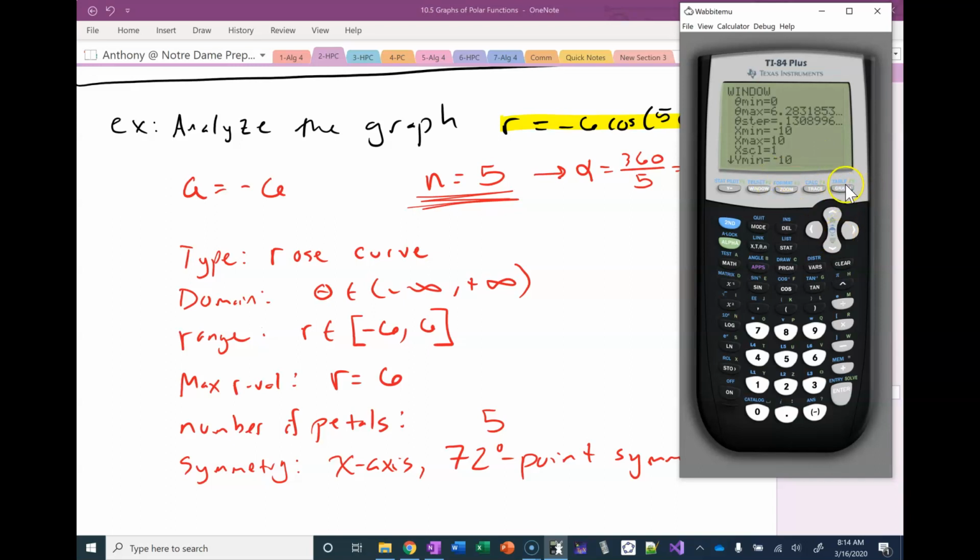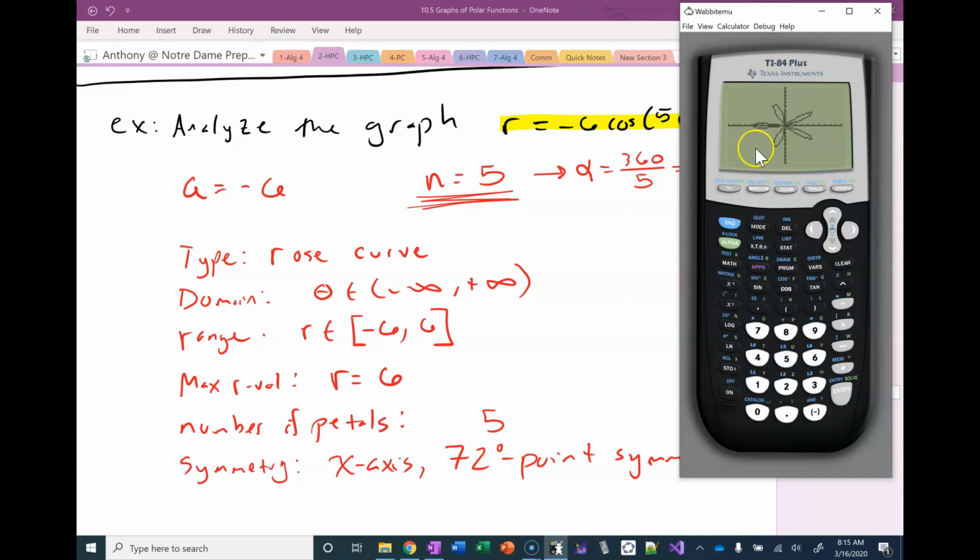You can't see the +10 because it's down below. Anyways, once that's all set, I'm going to hit graph. And what you're going to see is something that looks kind of like a flower. If we count each one of these as petals, I see 1, 2, 3, 4, 5 petals. So that's what our graph is going to look like.